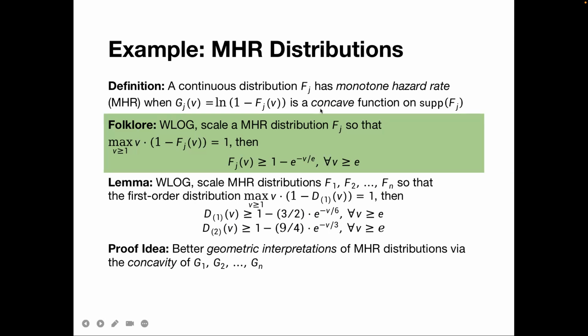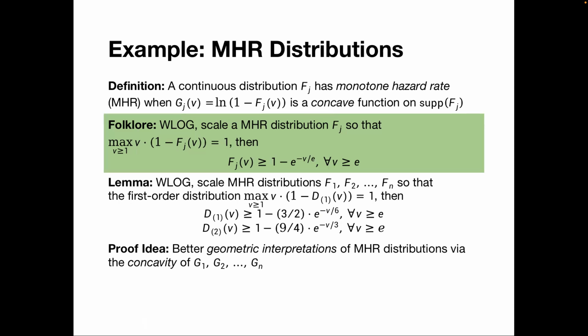If you are familiar with this topic, you'll know that roughly speaking, an MHR distribution F increases at least as fast as an exponential distribution. In the case of the exponential distribution, this function G is exactly a linear function, which is the boundary case of a concave function.